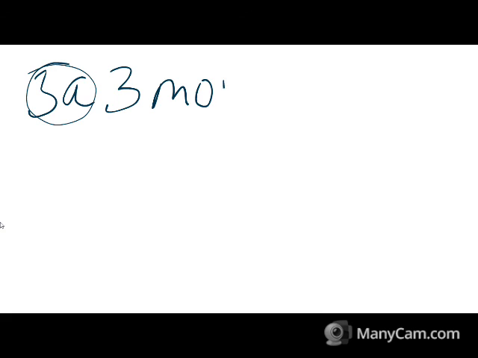All right, so moving into problem 3. Now this is where it gets a little bit trickier. What is an algebraic expression for the word phrase? So now we're getting into a little bit more depth. For letter A, the word phrase reads 3 more than twice a number x.